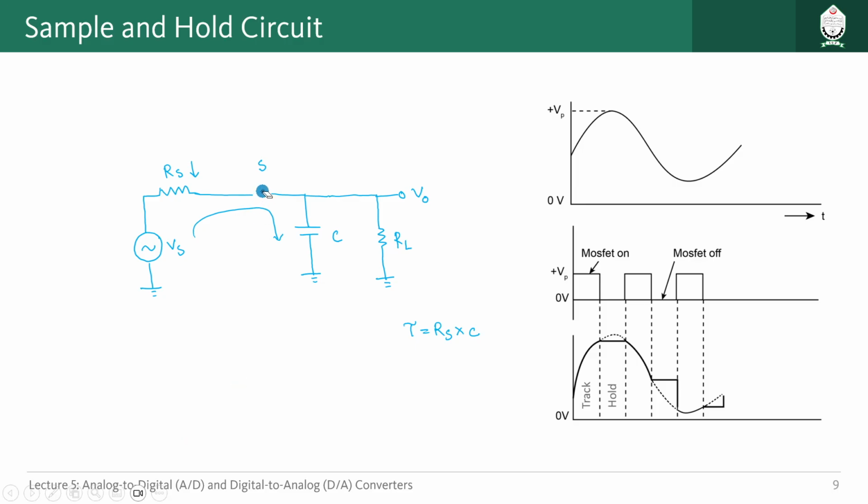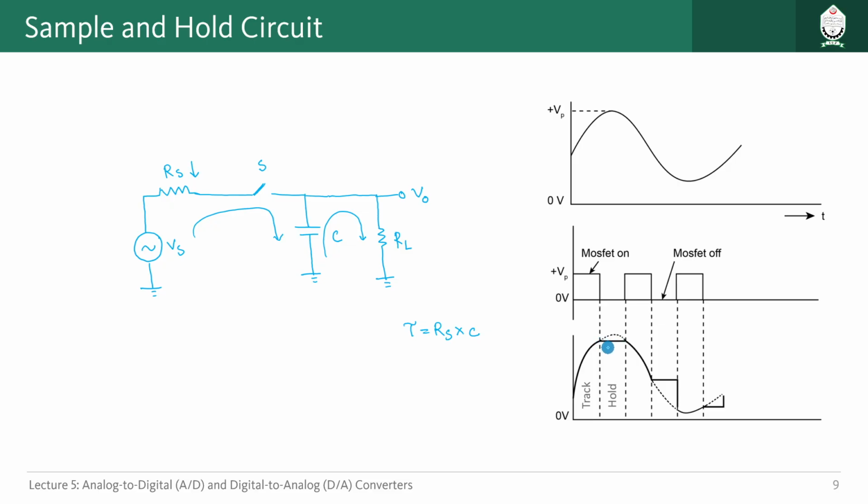Whenever the switch is opened, whatever voltage we have stored in this capacitor will be held, or it can also get discharged, because through this path there will be some current flowing, and because of that current flow this voltage across this capacitor, let us call that VC, will keep reducing as the time progresses, right, in this duration.